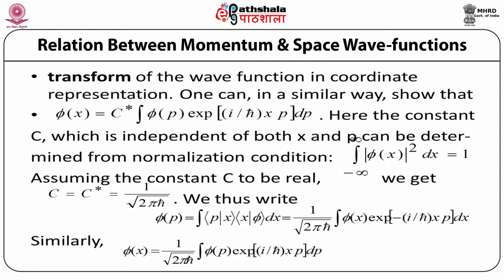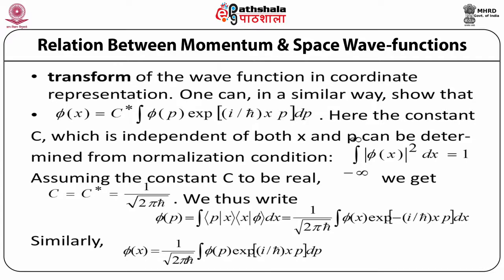So here φ(p) is the wave function as represented in the coordinate space, and similarly we can also have this wave function as a function of the coordinate x being represented in the momentum space, and this is given by φ(x) is equal to 1 upon under the root 2πħ integration over dp φ(p) exponential to the power i/ħ xp.